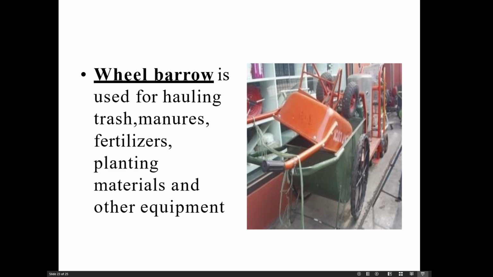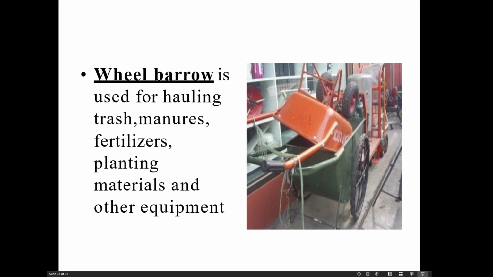Okay, so yung iba, nilalagyan ng flower pots yan para ilipat. So, malaking tulong talaga yung wheelbarrow na yan. Hindi lang siya ginagamit for transport purposes. Pwede nyo rin dyan haluin yung manure fertilizers nyo. Yung iba dyan hinahalo.